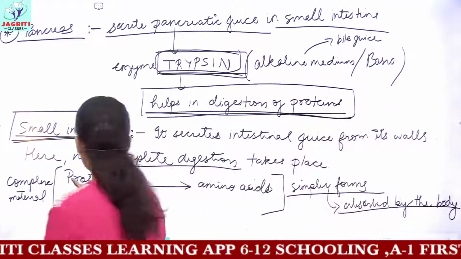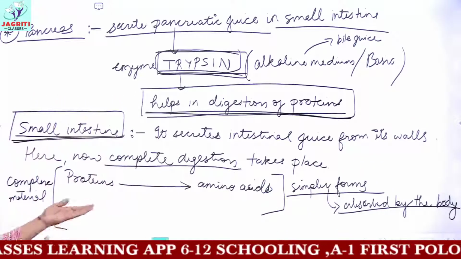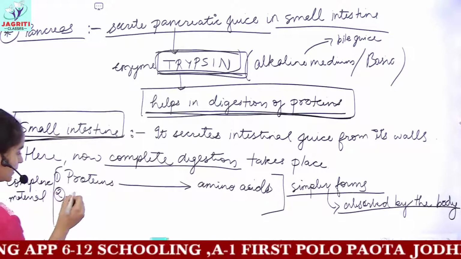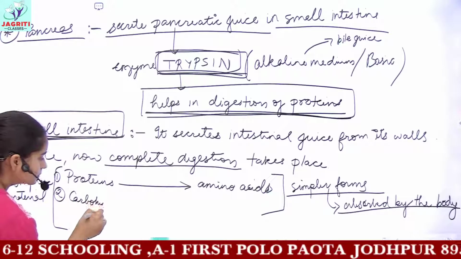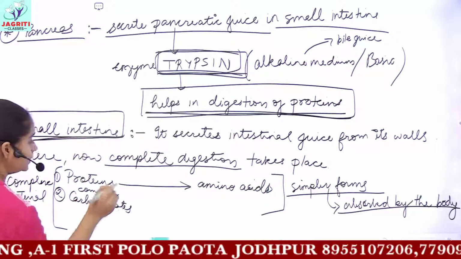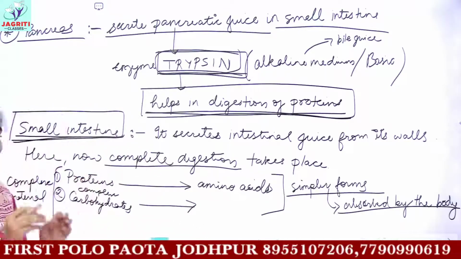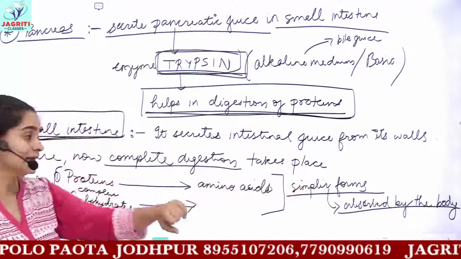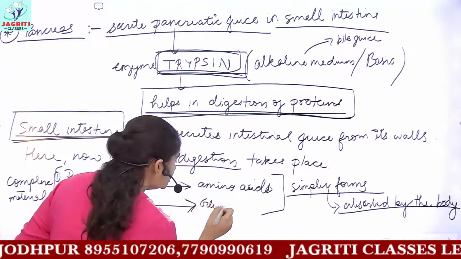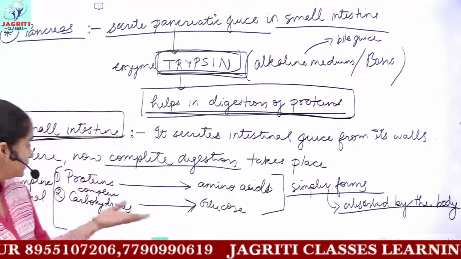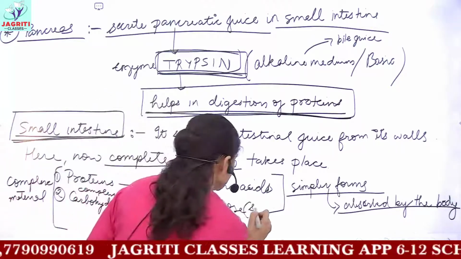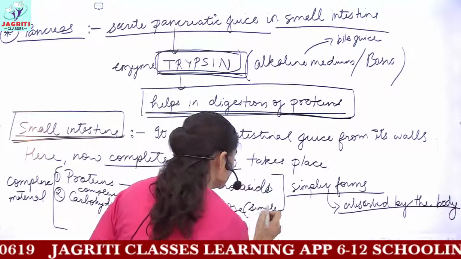So proteins are completely digested in small intestine and they get converted into amino acids. Then next you have carbohydrates, or you can say complex carbohydrates, now get completely converted to simpler forms, that is, they undergo complete digestion and they get converted into simpler forms like glucose. These complex carbohydrate molecules get converted to simple sugars, and the example of simple sugars is glucose.